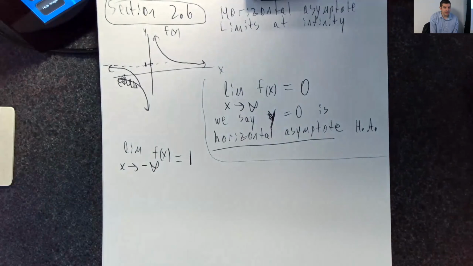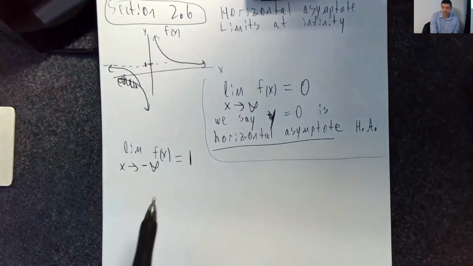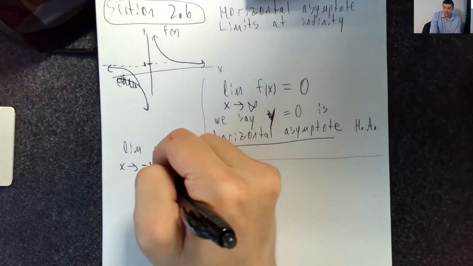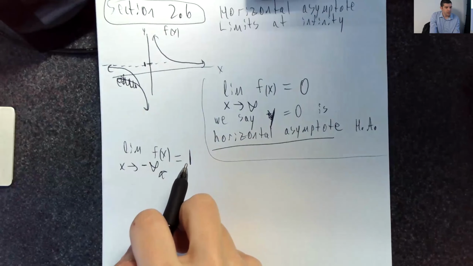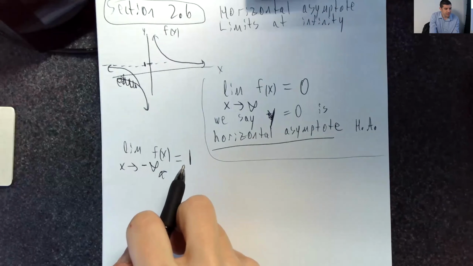So still limits are predicting a pattern, but here we're predicting end behavior. We're predicting what's going to happen when x gets really large and when x gets really, really small. And as soon as we have a limit like this and we get a number, that's what it means to have a horizontal asymptote.